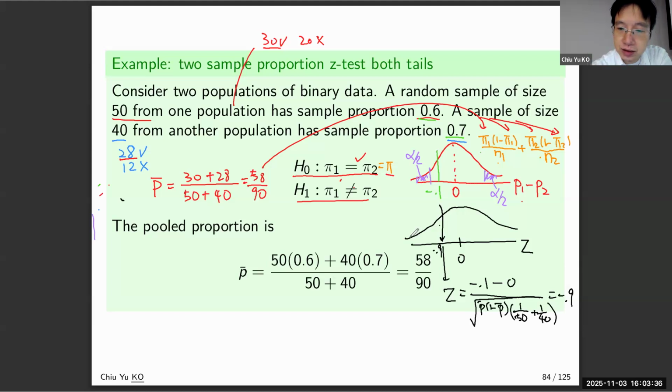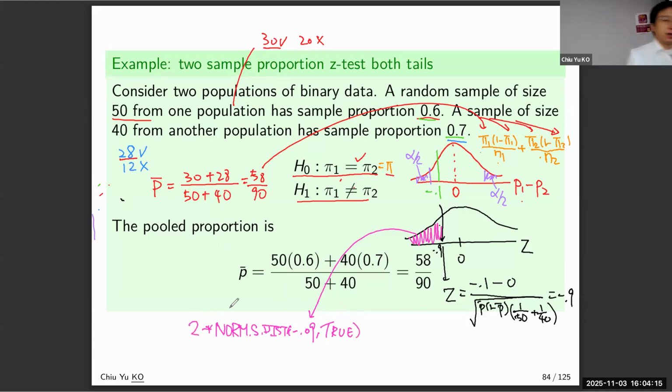So the question is this area, and this P value will be norm.s.dist of this, negative 0.9, true, multiplied by 2.